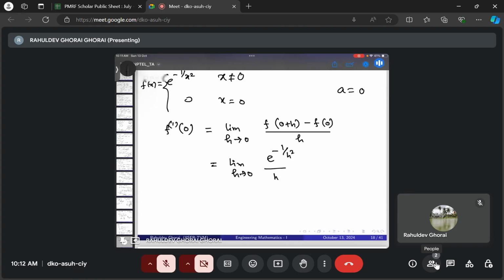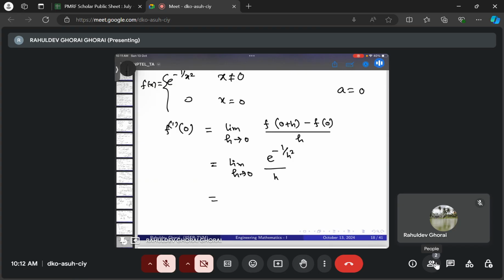Now when h tends to 0, 1 over h square converges to infinity, so e to the power minus 1 over h square converges to 0. So it is in 0 by 0 form.